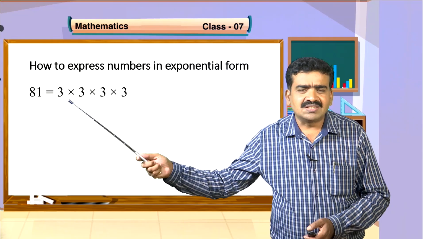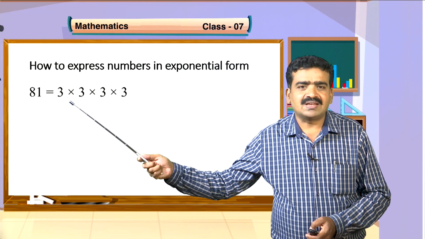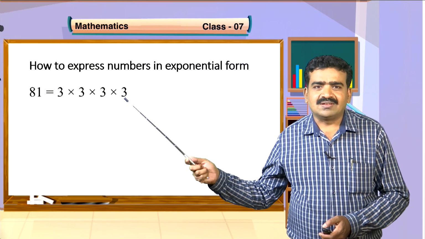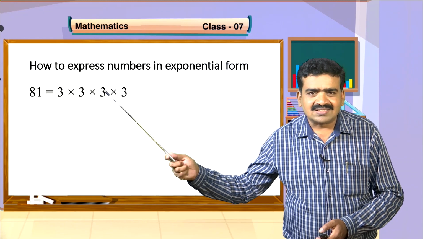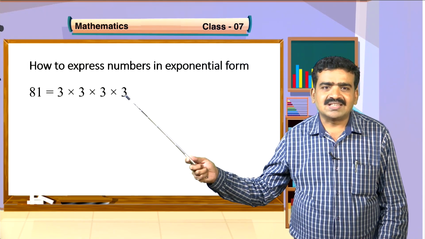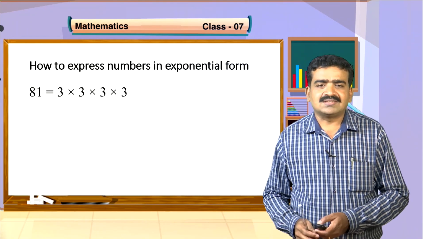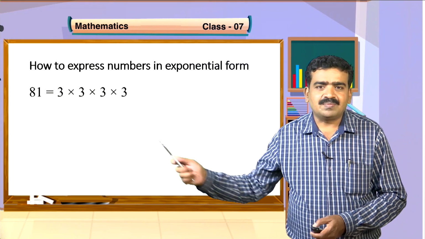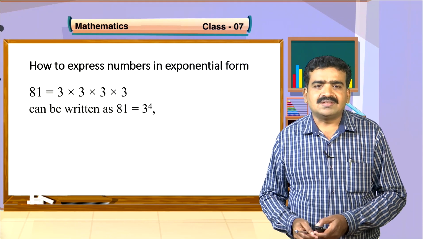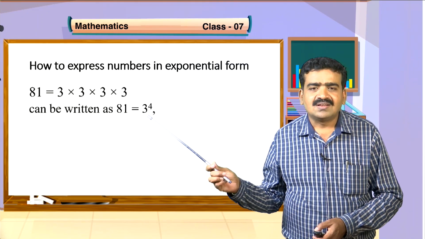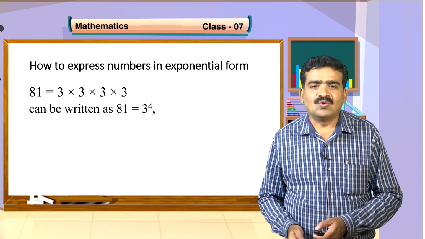In the continuous division method or long division method, we will get 3 into 3 into 3 into 3, that is, 3 3s are 9, 9 3s are 27, 27 3s are 81. So 81 can be expressed like this. Here 3 appears 4 times. Therefore, 81 can be expressed in exponential form as 3 to the power of 4.